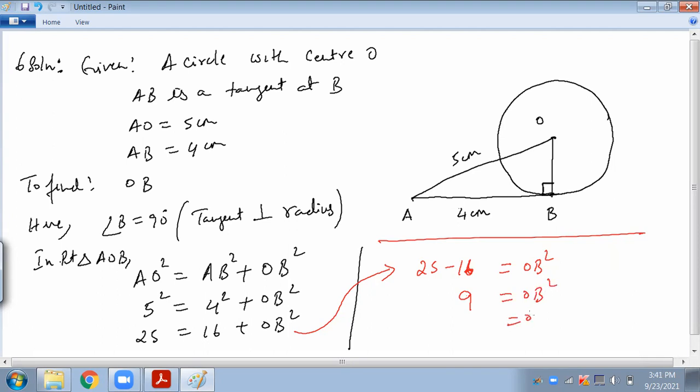Then again, to find OB, we'll take the root on the other side. And the root of 9 is 3. Therefore, OB equal to 3 cm. There was a unit, so put the unit. At the end, we can write OB equal to 3 cm.